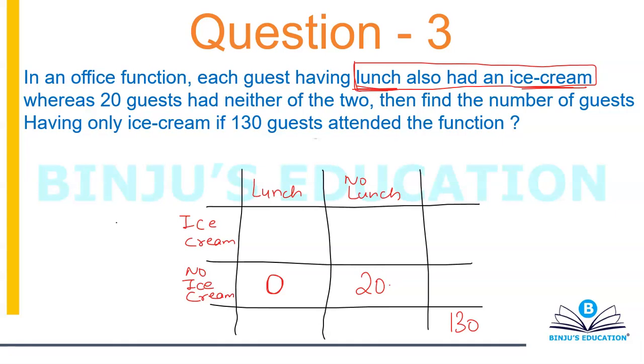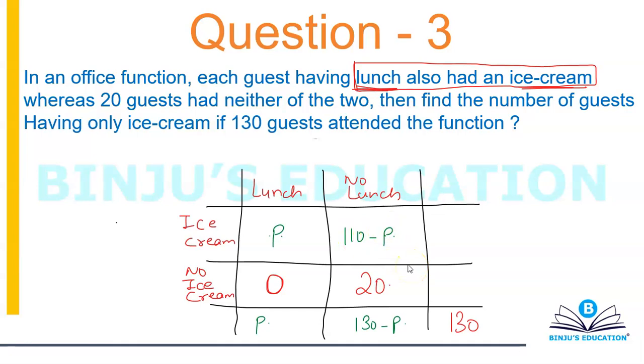All right, let's see. So what I'm going to do is consider the total lunch value to be p. So this here will automatically become 130 minus p. Now if this is p, and this plus this is 0, so this will automatically become p. And the no lunch value will become 130 minus p minus 20, which is 110 minus p.